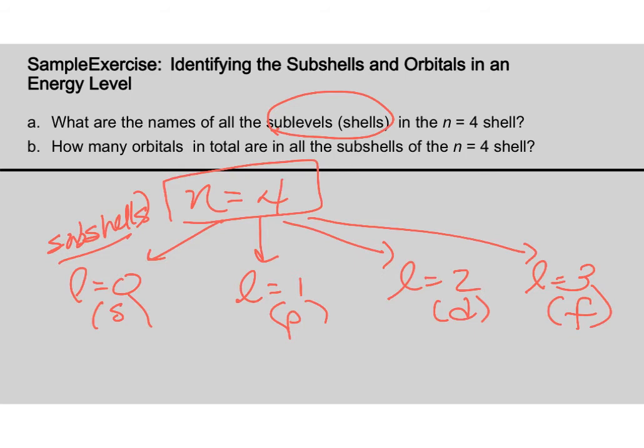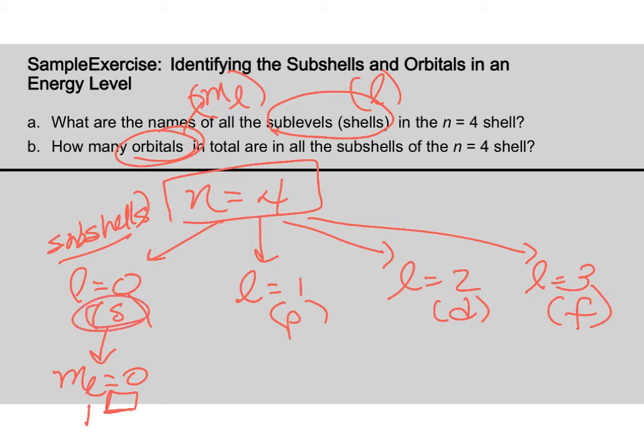Okay, now, how many total orbitals are there? Well, when you're talking about specific orbitals, you are talking about the m sub l value. So if l equals 0, if we're talking about an s orbital, m sub l can only equal 0, which means the s sublevel only has one orbital.